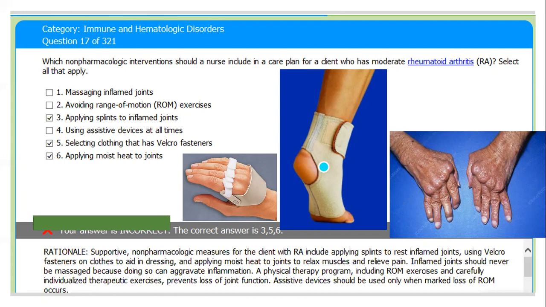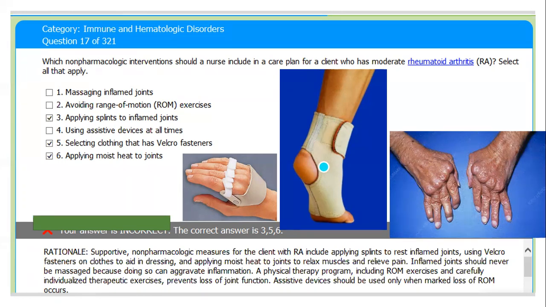Also number 5, selecting clothing that has Velcro fasteners. So we use a special kind of device or clothing that can prevent deformity of the joints. Also number 6, applying moist heat to the joint. So the nursing care plan is important.